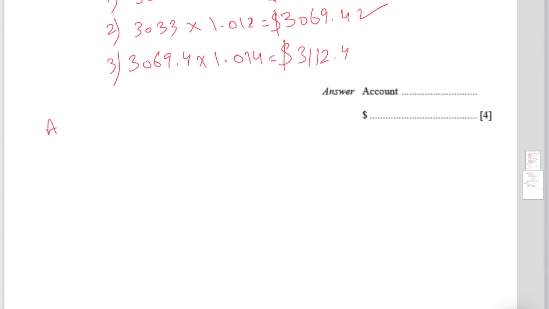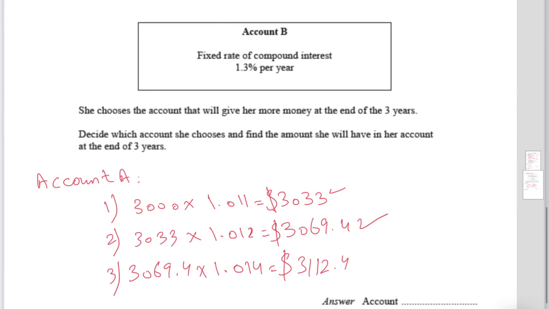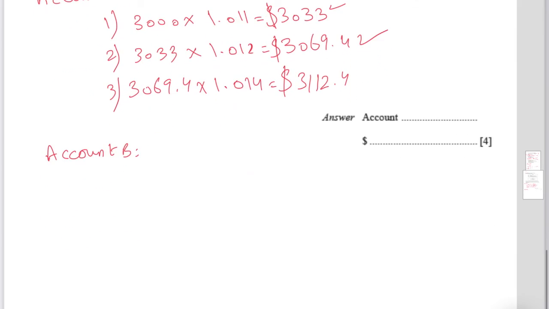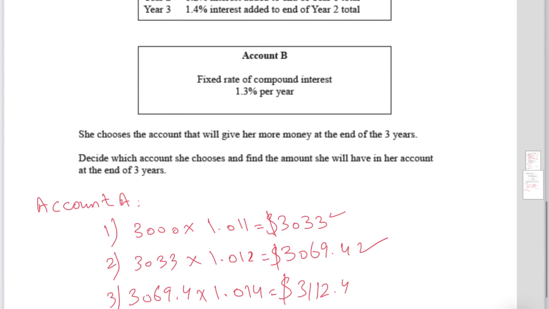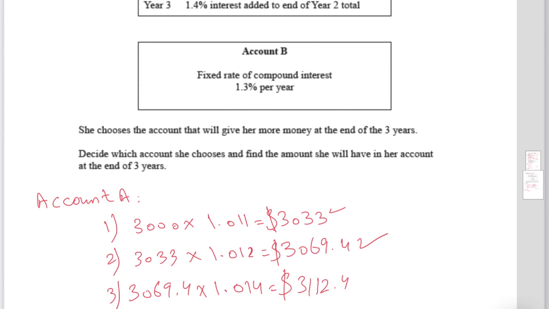Now let's look at account B. In account B, she deposits the same amount of money, but it is compounded annually at a fixed compound interest of 1.3%.